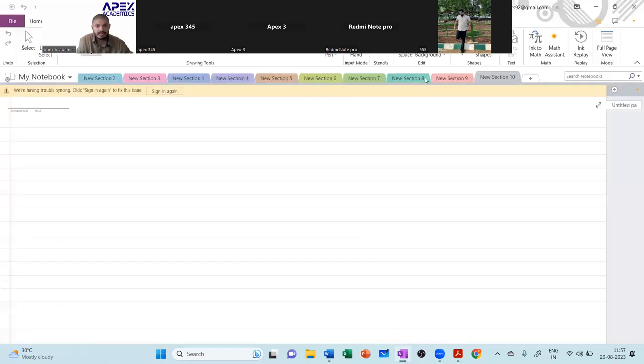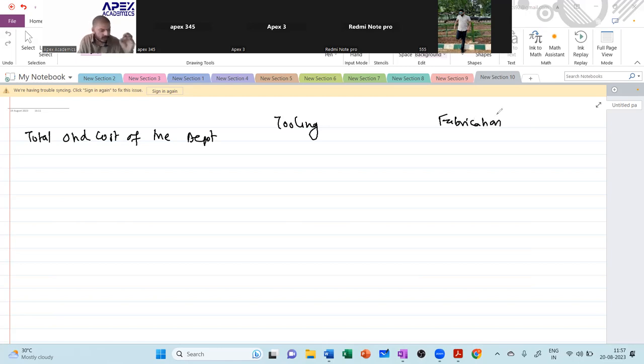Now, I would like you to understand a few concepts over here. What you have been given over here is the total overhead cost of the department. This can be the tooling department, and the other one is called the fabricating department. What is this? This is the total overhead cost.